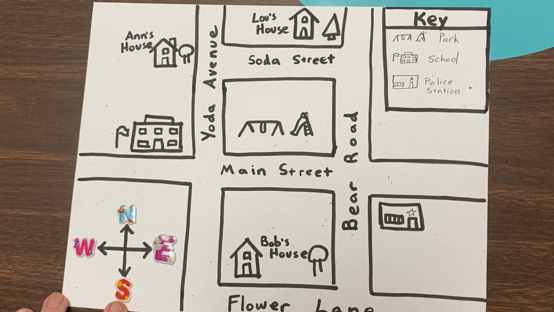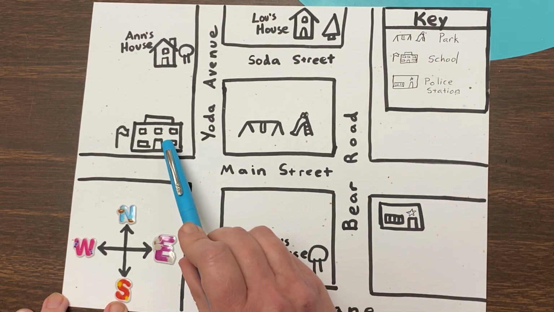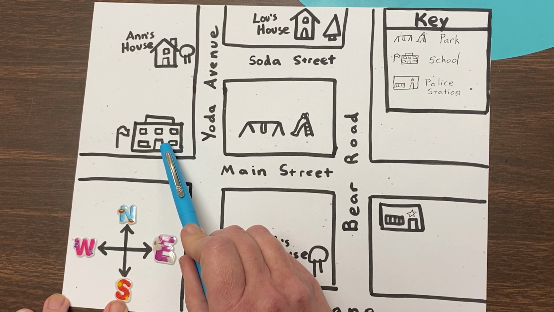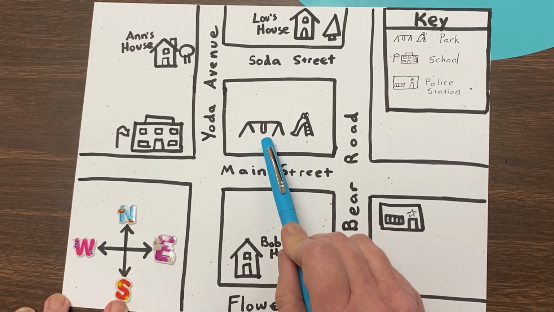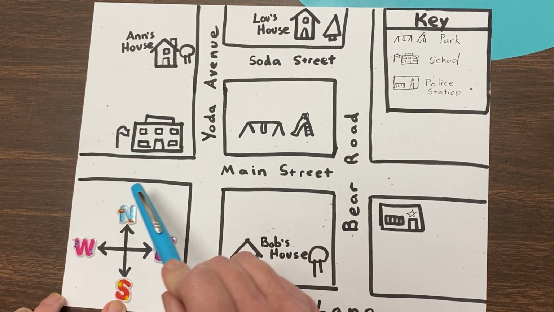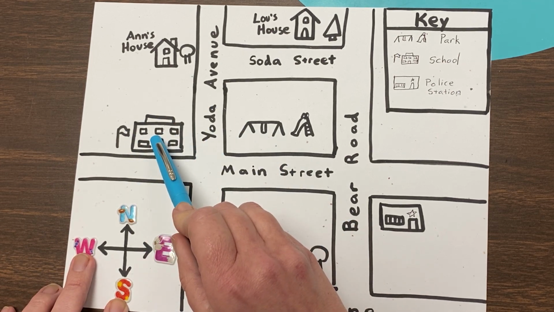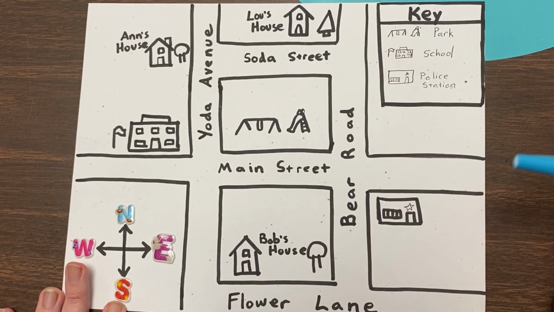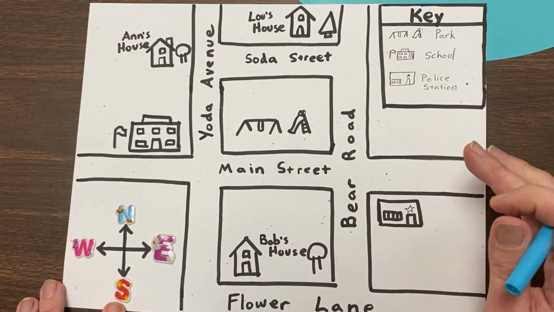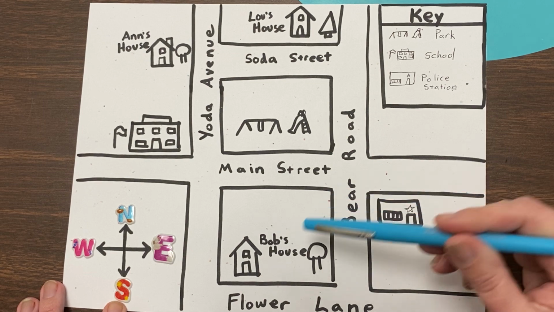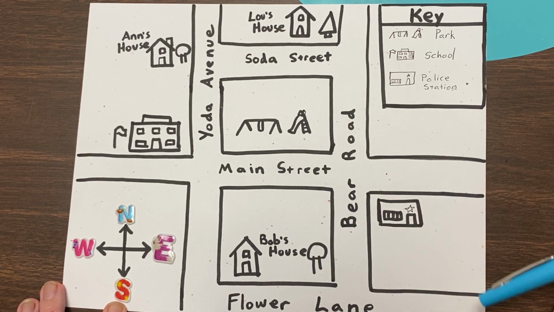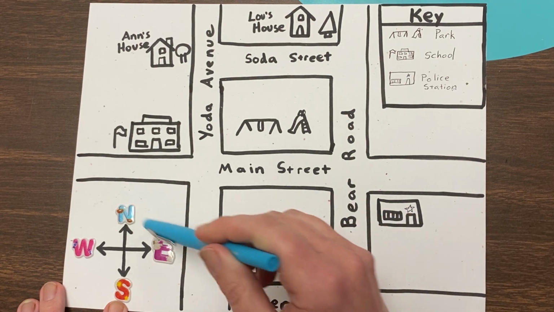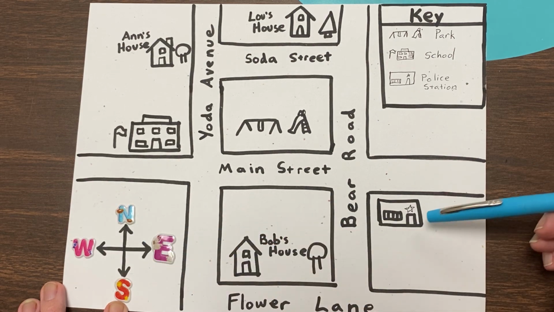Now, the school is west of the playground. Now look at Bob's house and the police station. Fill in this blank with a cardinal direction, please.